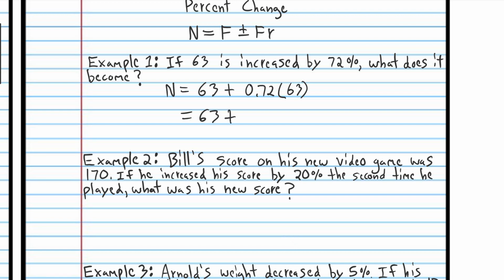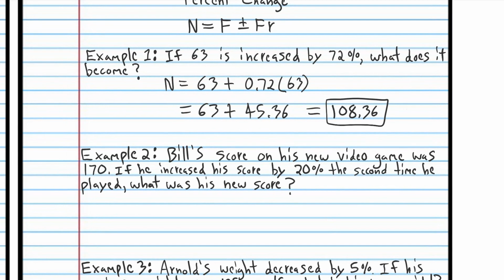Because order of operations tells us to do the multiplication first. And then we do the addition. So plus 63 is 108.36. So if you increase 63 by 72%, you get 108.36.